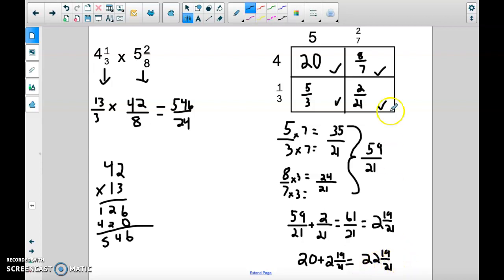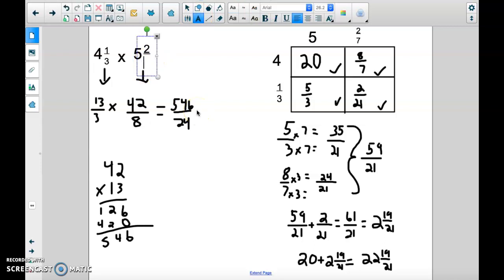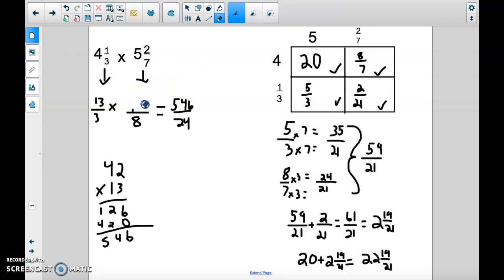22 and 19 21st. And I made a mistake here. This should have been that. So then, sorry about that. That's going to jack up this whole problem. 13 times 37, which would be 481.